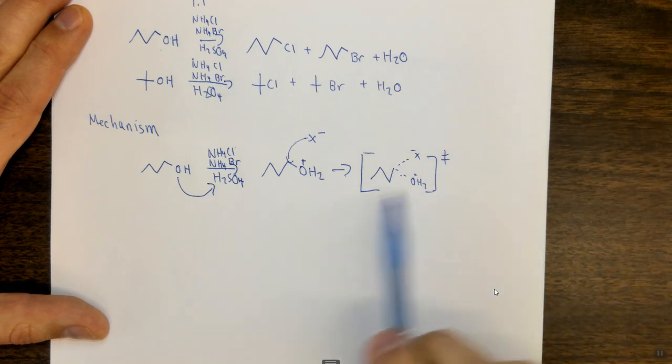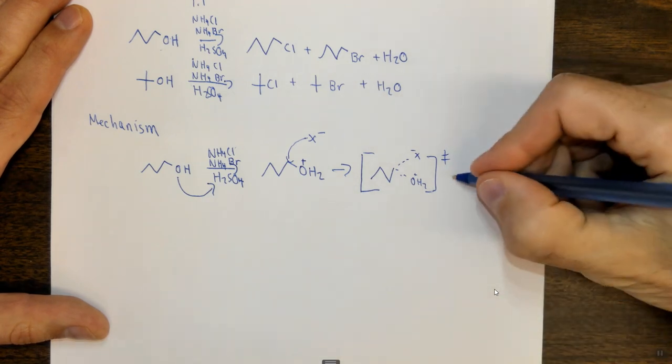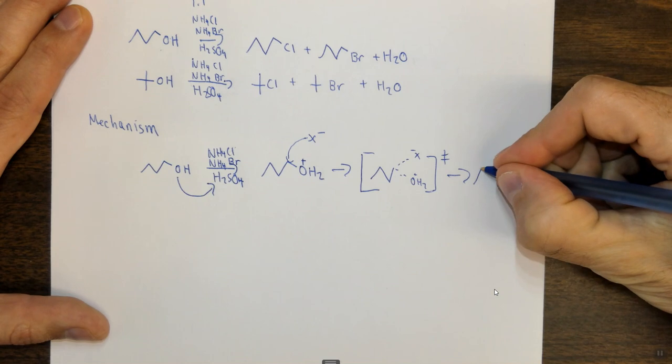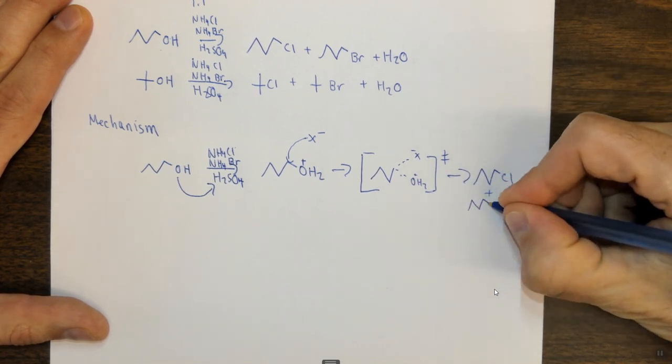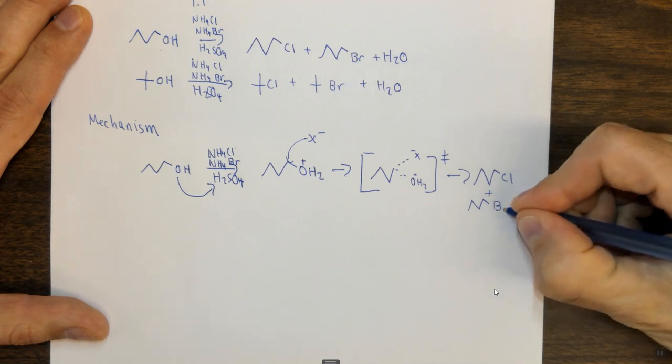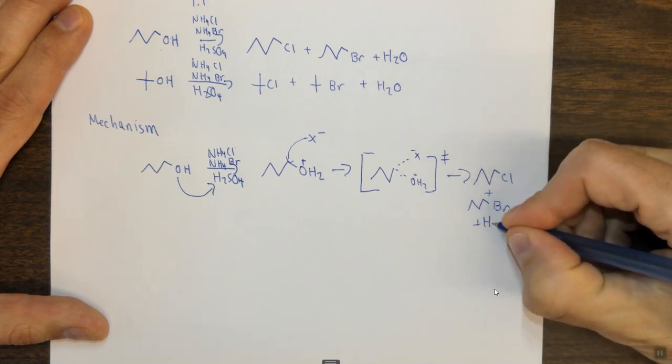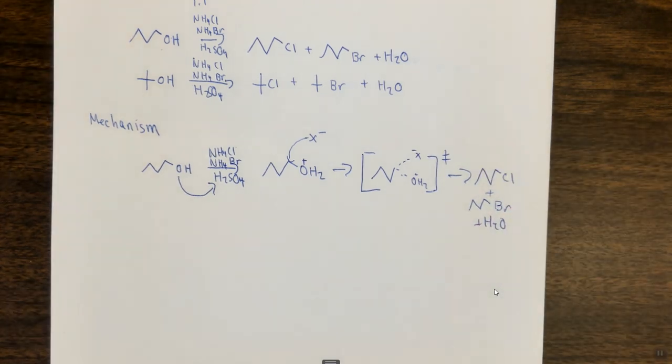So this transition state occurs. And then finally, what we end up with is some Cl product, some Br product, and water as the byproduct.